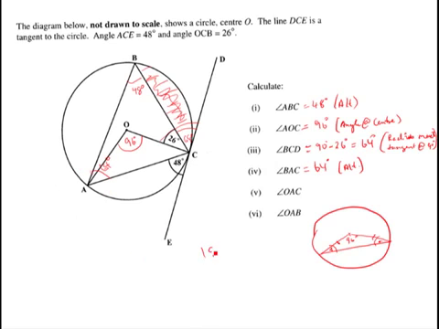So we have 180 degrees, and we subtract 96 degrees. This 96 degrees is not the base angle. It's just the other angle, the bigger angle.